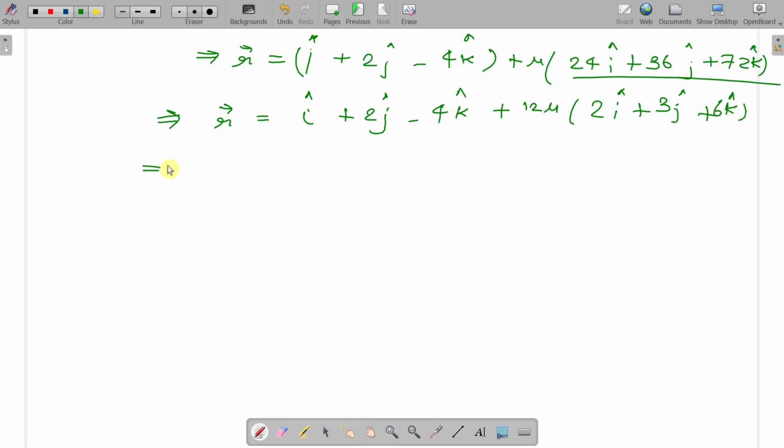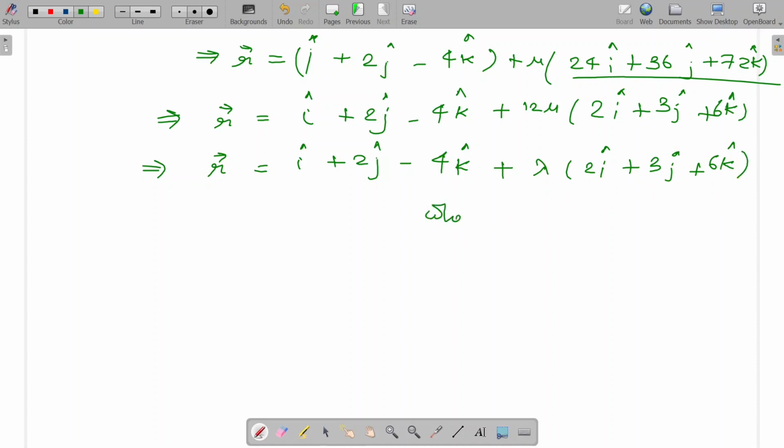Okay, so this implies r bar is equal to i cap plus 2 j cap minus 4 k cap plus 12 mu, which we can write as lambda, so lambda times (2 i cap plus 3 j cap plus 6 k cap), where lambda is any real number.